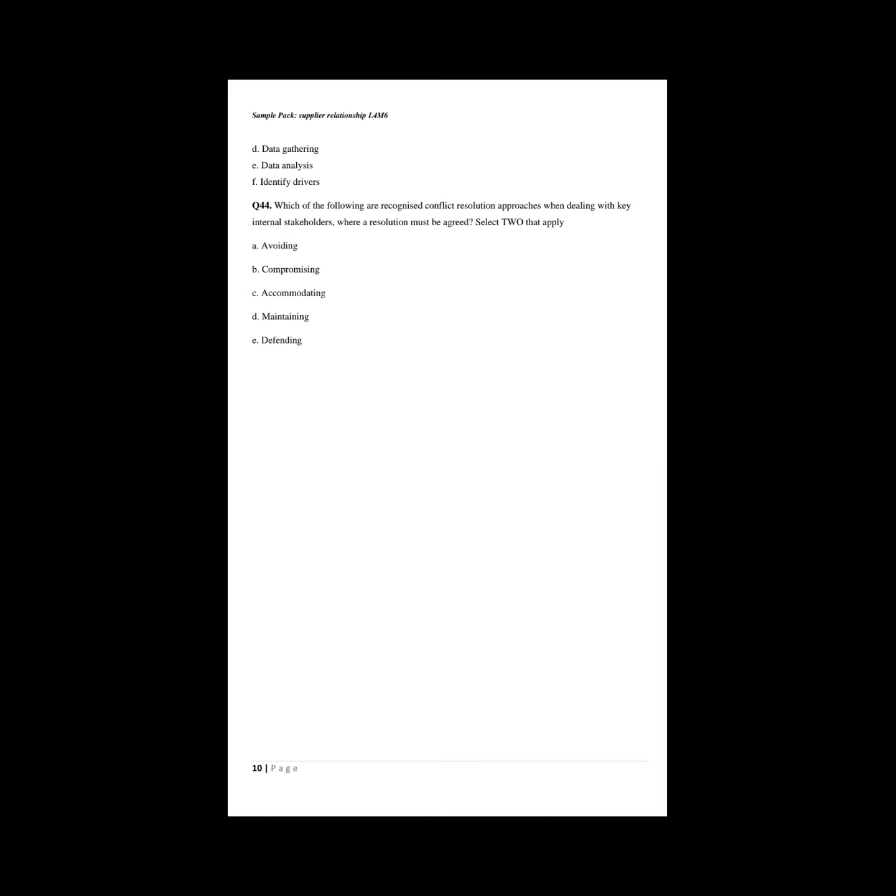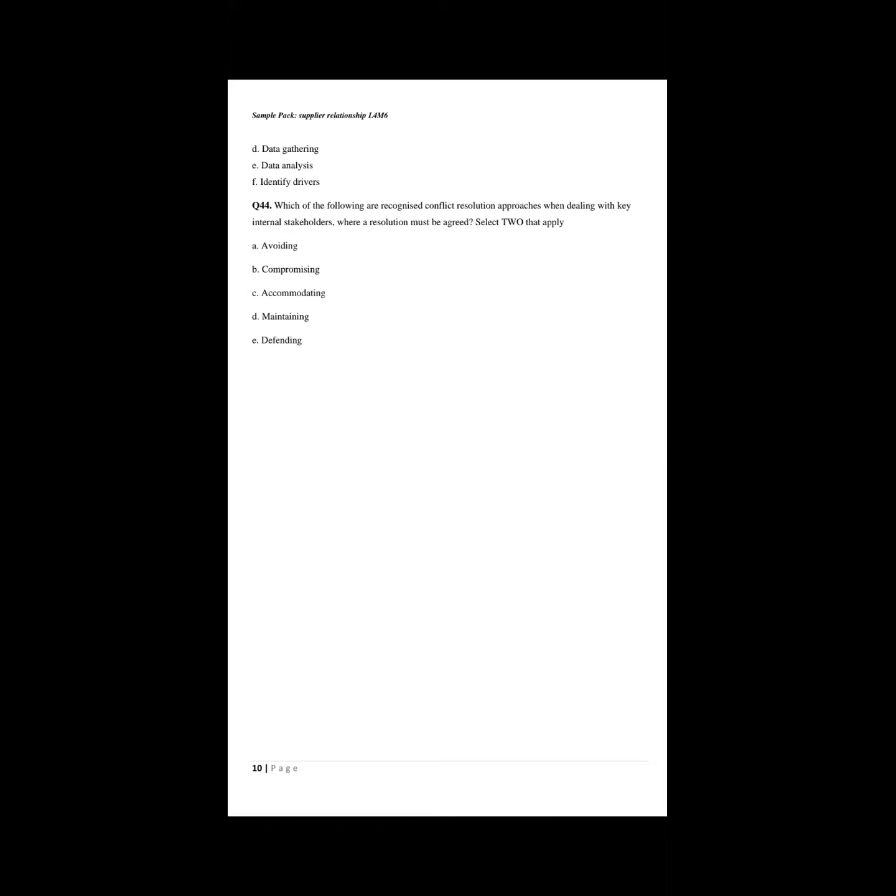Okay. So compromising and accommodating. Compromise. Yes, compromising and accommodating. Okay. Avoiding is also a conflict resolution. Yes. But they said when the solution must be agreed, where avoiding makes it worse. You see.